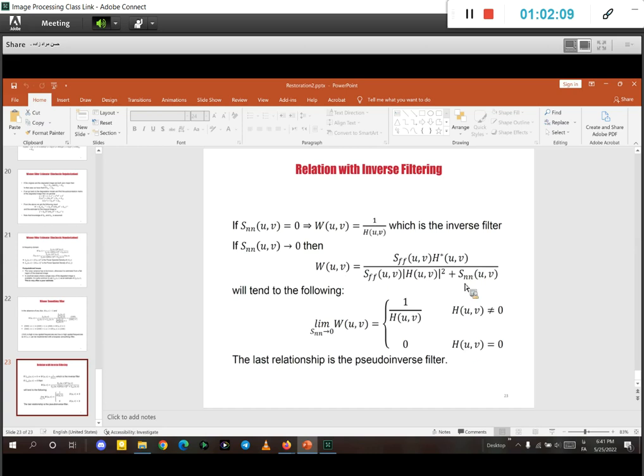In these situations, we select this for solving the problem and name it pseudo inverse filtering. That means the Wiener filter can support both inverse filtering and pseudo inverse filtering. Inverse filtering in some areas and pseudo inverse filtering in others.